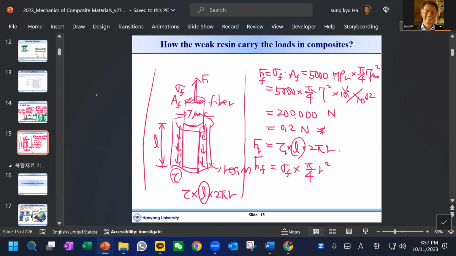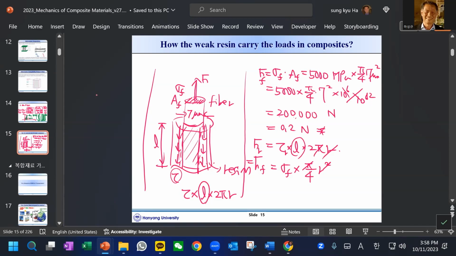So the pi and r like this, and then if this can be equal, in other words, the fiber load is carried by the resin, but the resin is in shear, and over the surface, this is all the surface carried by the resin system. So that is the point here.